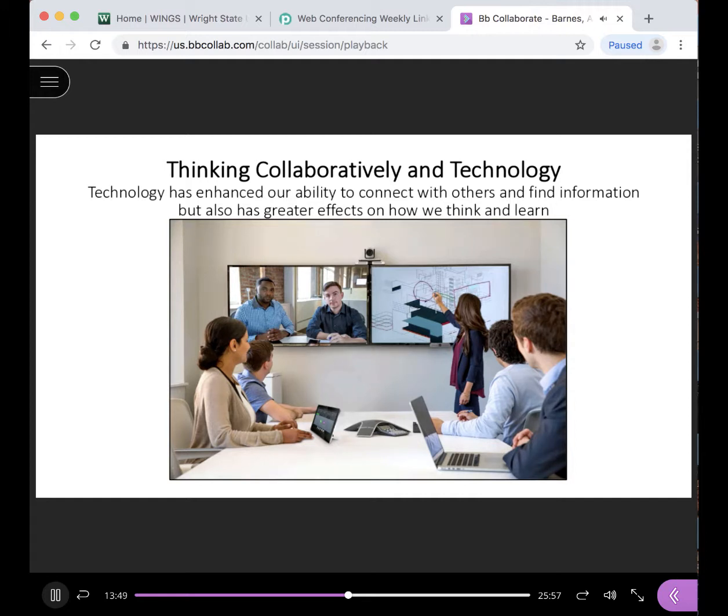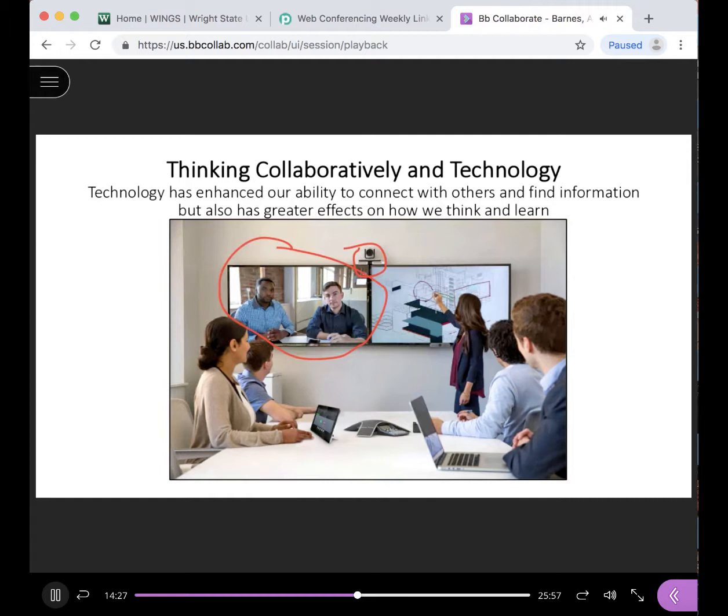Technology, as you can see in this picture, and I'll highlight here, we have some participants in this meeting participating via web, maybe Skype, or who knows what exactly they're using. You see the camera posted up here so that they can see who they're talking to. And that's one way that technology has greatly improved our ability to connect.